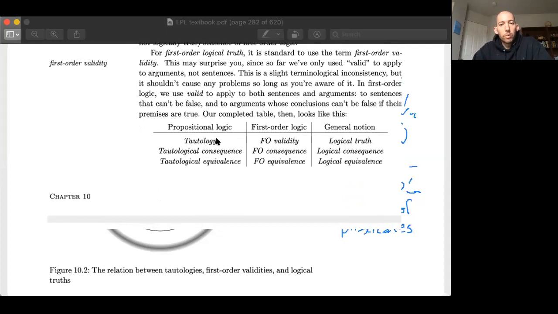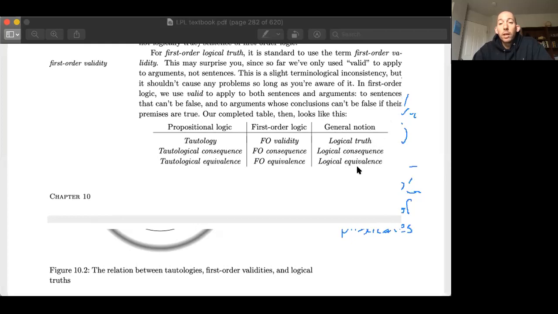Here we talked about the concept of a tautology, as well as a tautological consequence or tautological equivalence. Again, what you care about is the truth functional connectives. The general notion that we've worked with up till now is over here on the right side, which had to do with logical truth, logical consequence, and logical equivalence.